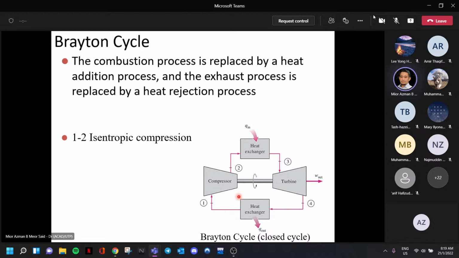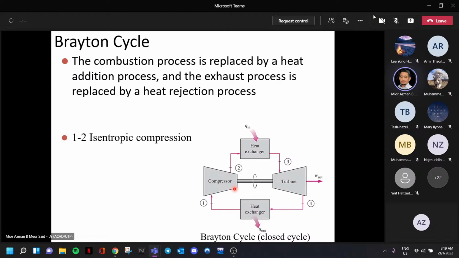As you know, isentropic means that the change of entropy is positive or negative for isentropic compression? It's 0, right? Isentropic compression is not positive or negative, it's 0. It cannot be negative, right?